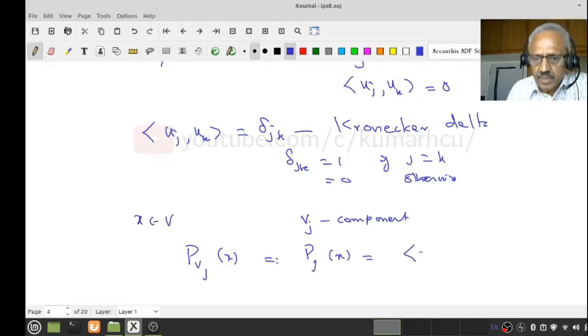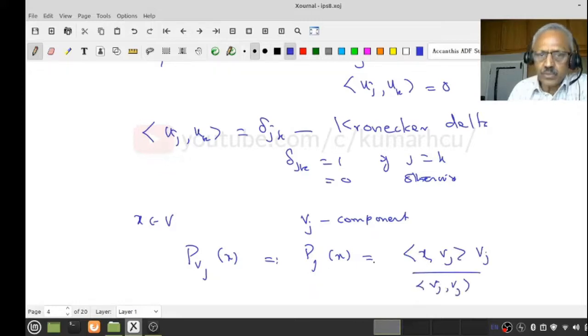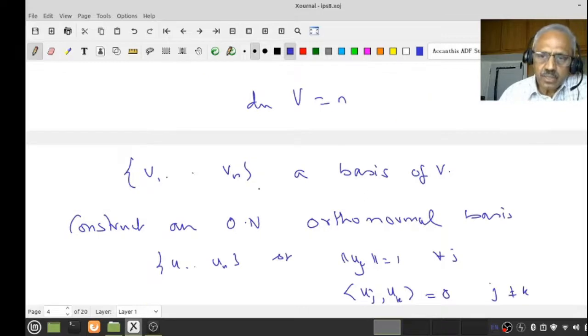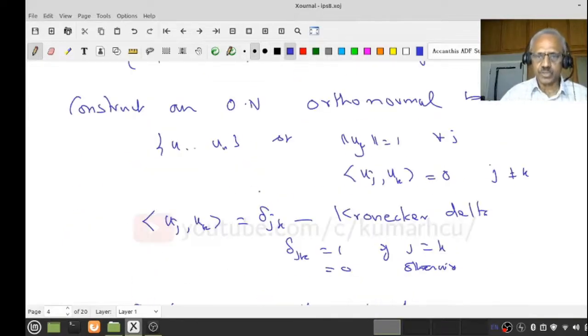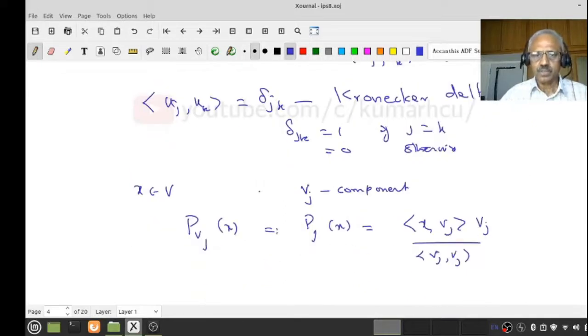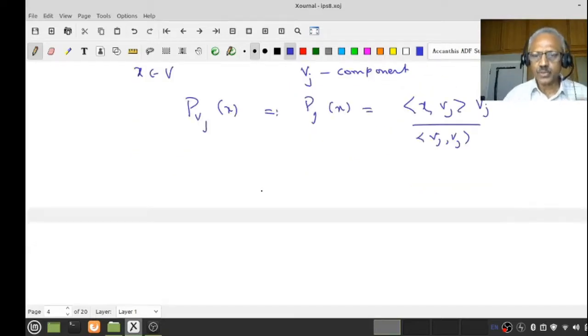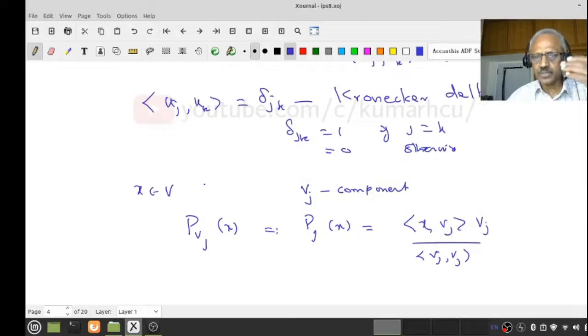This is the inner product of x with Vj, divided by the norm of Vj squared, times Vj. Notice that the Vj are all elements of a basis, therefore none of the Vj will be 0, so I can write the inner product of Vj with itself in the denominator because it will not be 0. So far I have not used whether it is an inner product over R or C. You will see that I am just using the inner product symbol only.